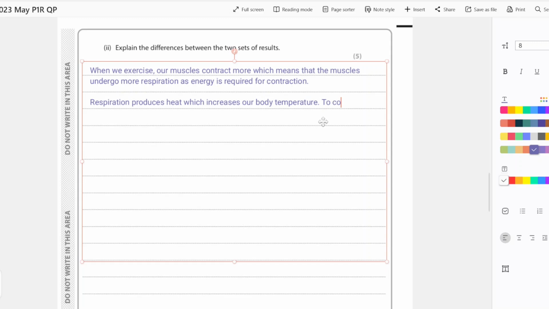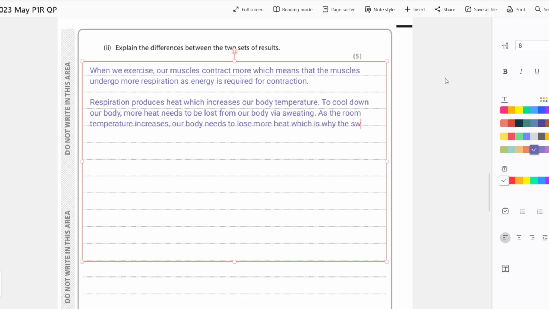To cool down our body, more heat needs to be lost from our body via sweating. As the room temperature increases, our body needs to lose more heat, which is why the sweating increases.